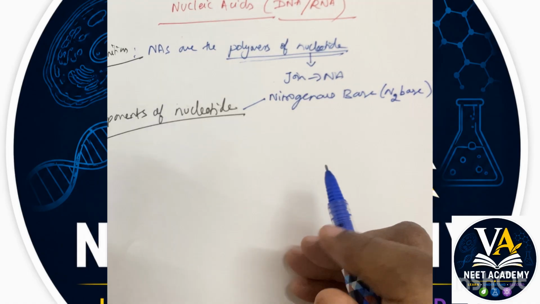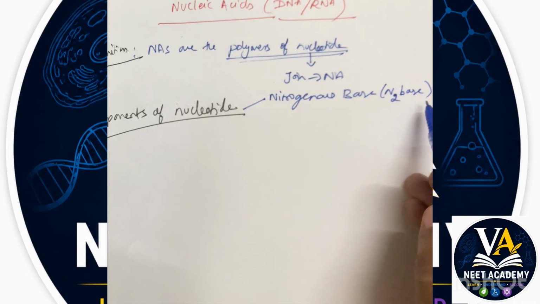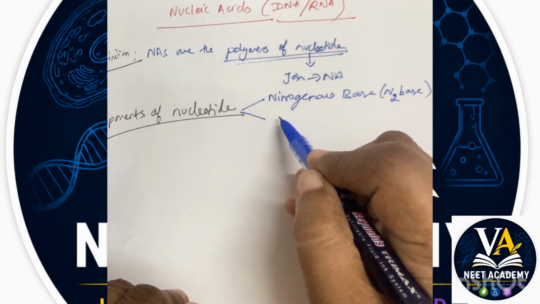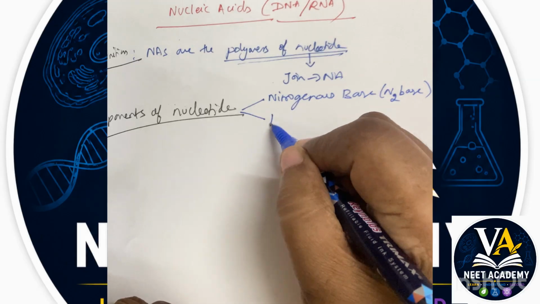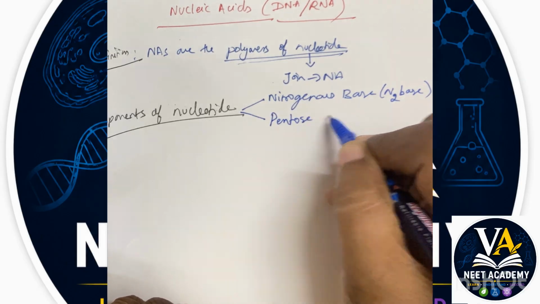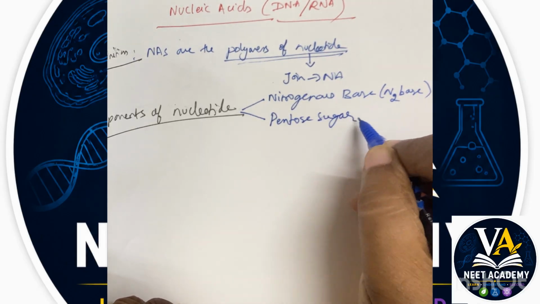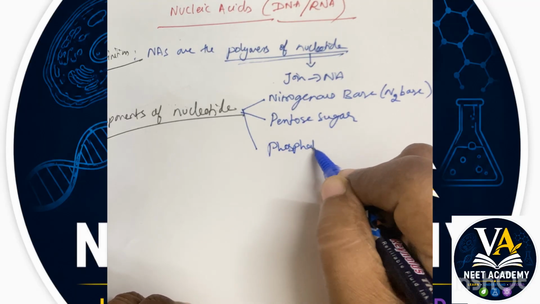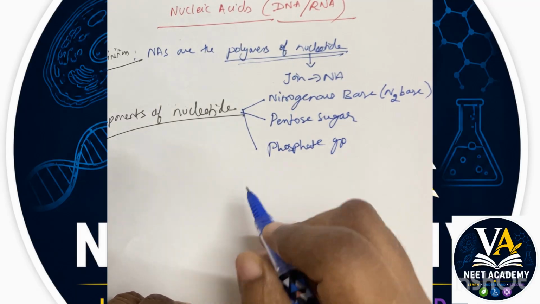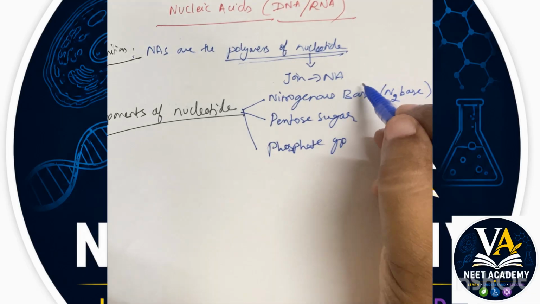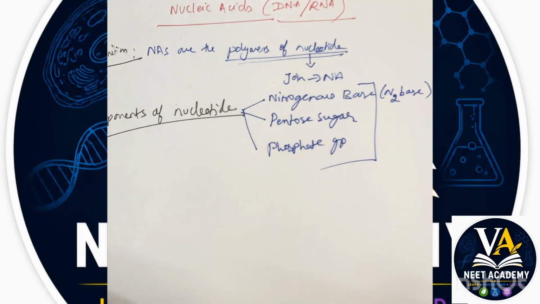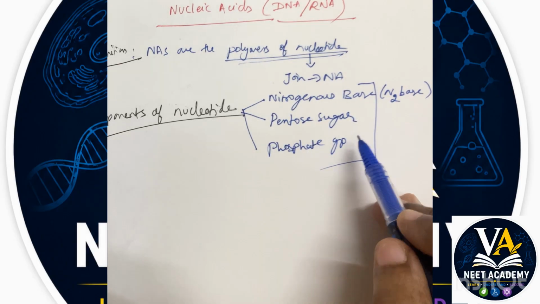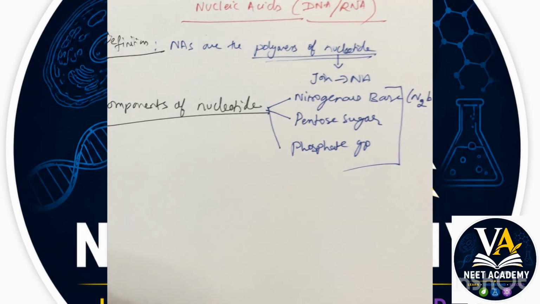So wherever the video has N2 base, it means nitrogenous base. It has pentose sugar and it has a phosphate group. So these are the three main components of a nucleotide. Nucleotide has a nitrogenous base, a pentose sugar and a phosphate group.